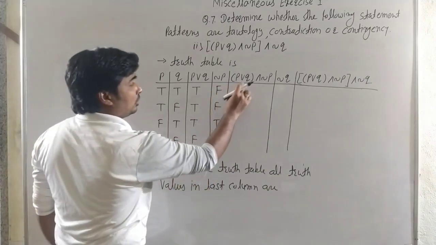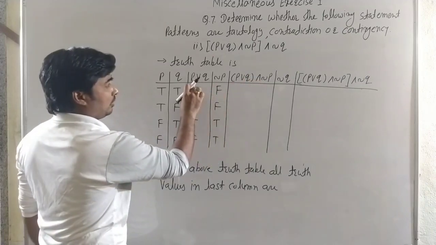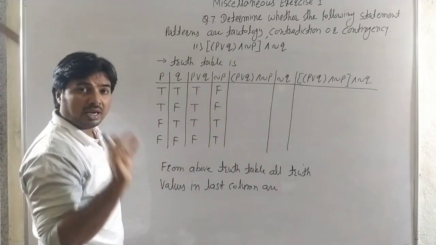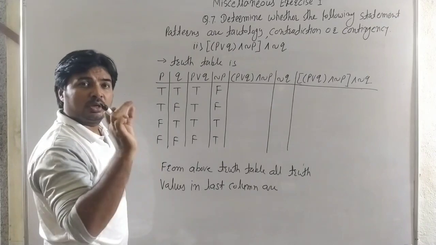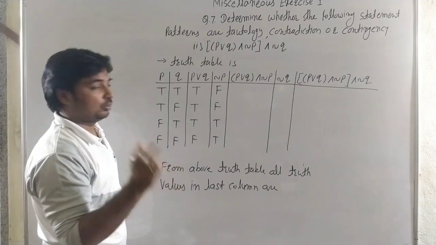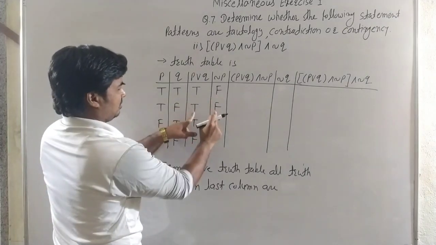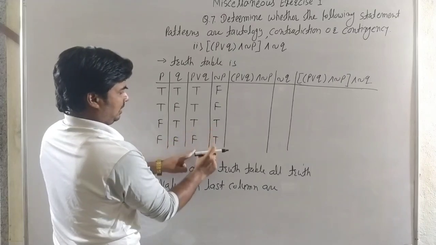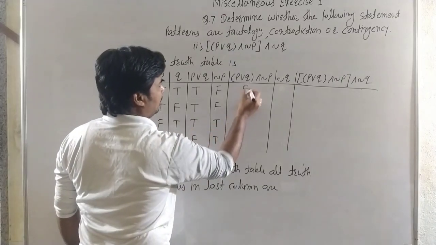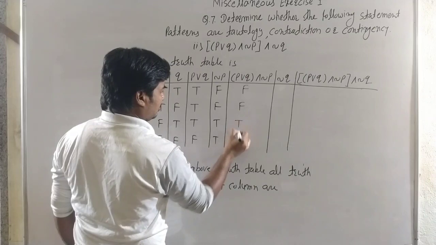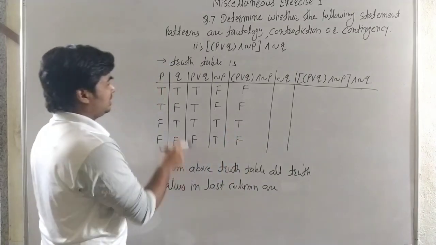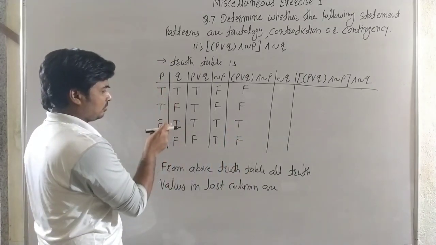Then (P or Q) and negation P. In the AND, when both are true, then the truth value is true. In AND, it is false, false, true and false; false, false, true and false. Now negation Q. Q is true, false, true, false.